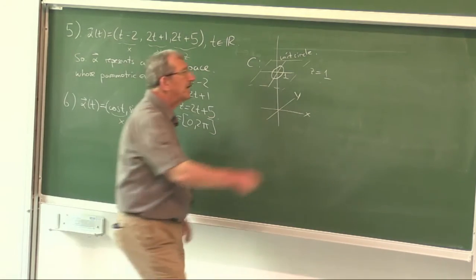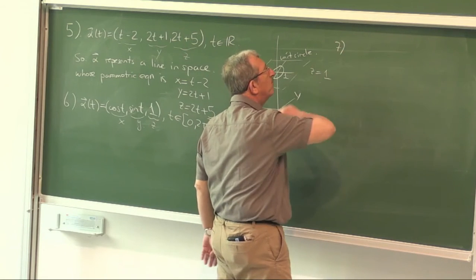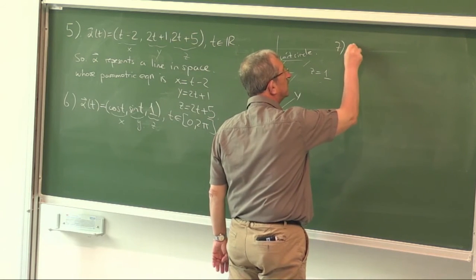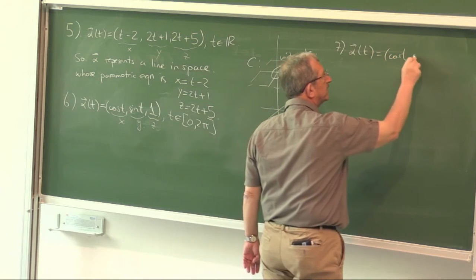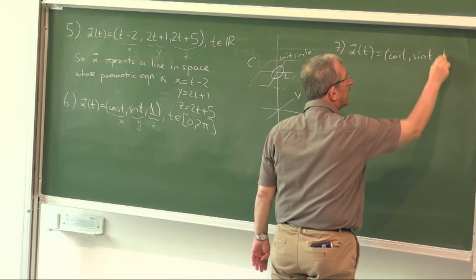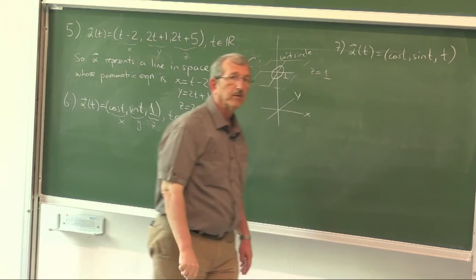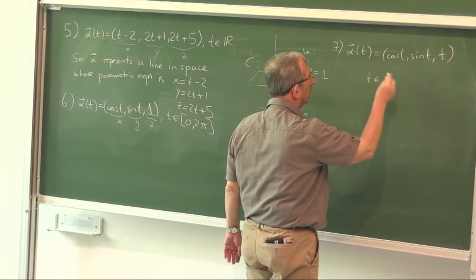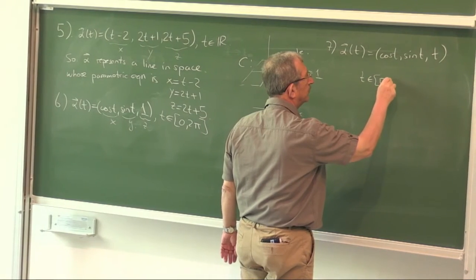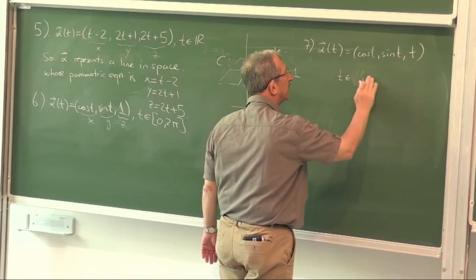Now let us change this even a little bit more. Let us consider a curve which is cosine t, sine t, and t. And t, say, changes from 0 to, well, rather, let me change it.